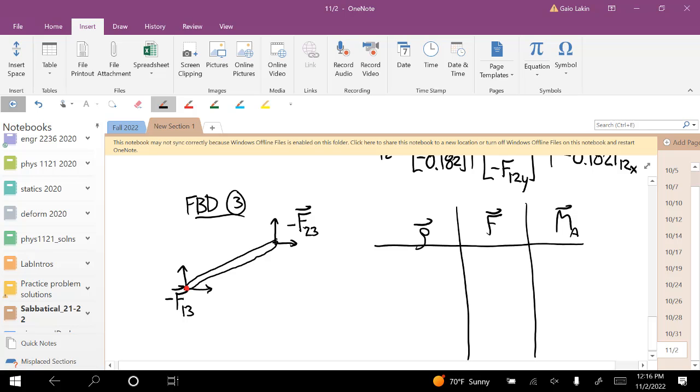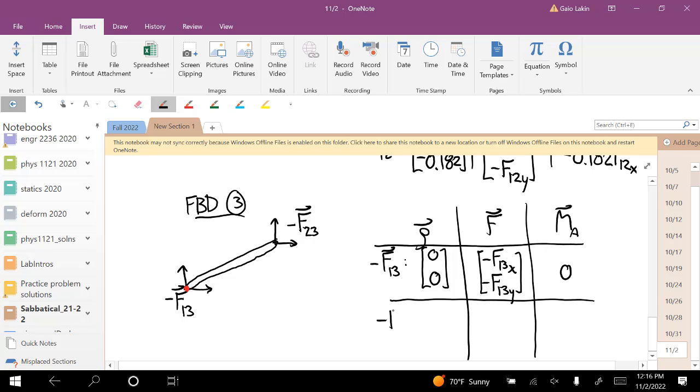So negative F13 has rho vector of 0. The force is negative F13x, negative F13y. Cross product is 0. And then negative F23 has a rho vector of positive 0.5, positive 0.182.